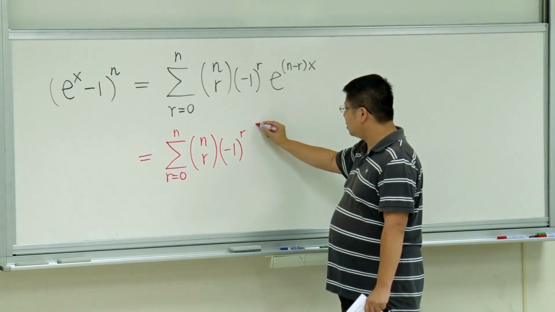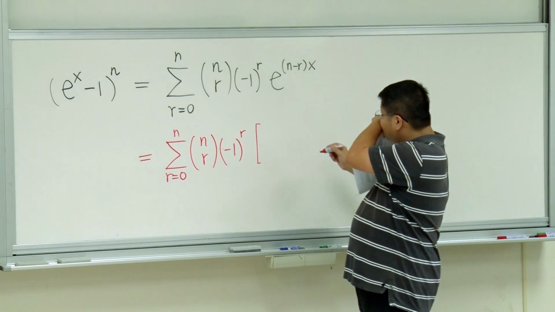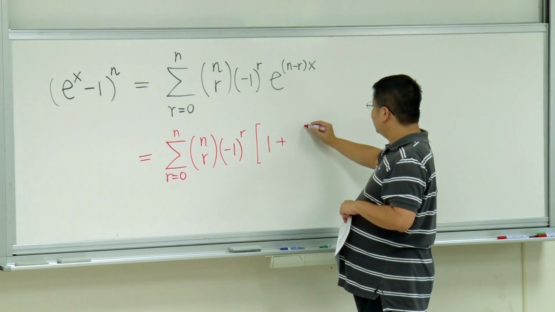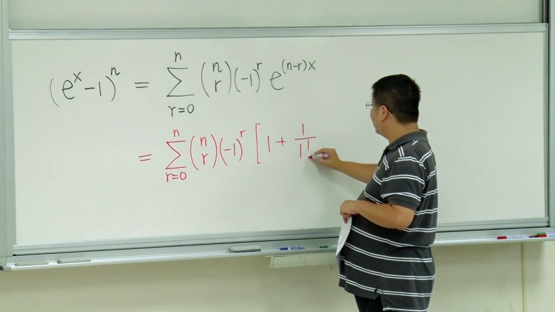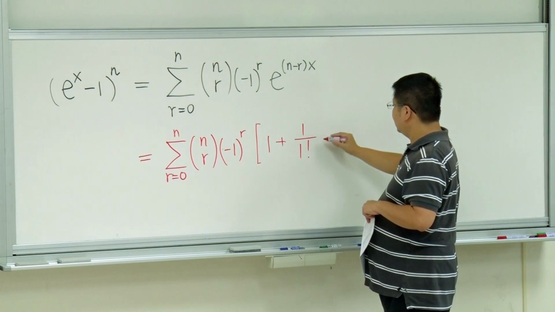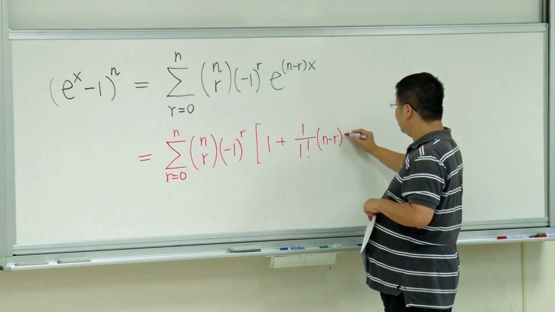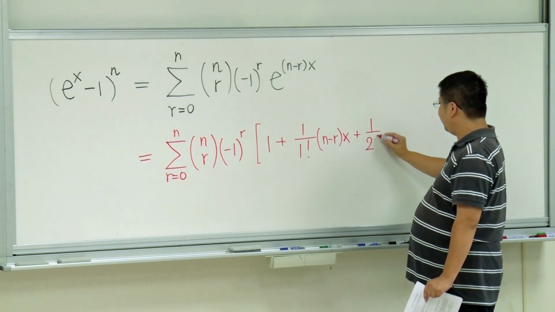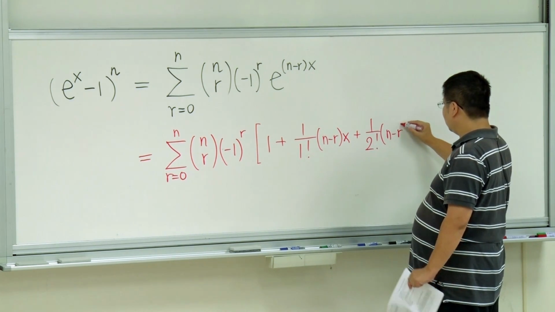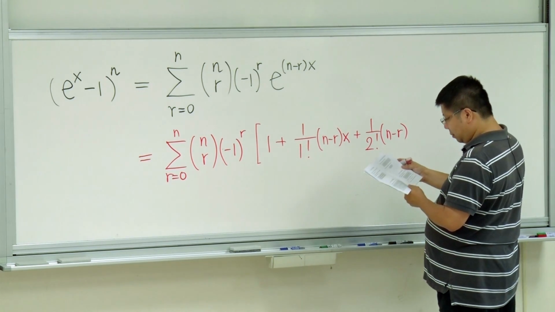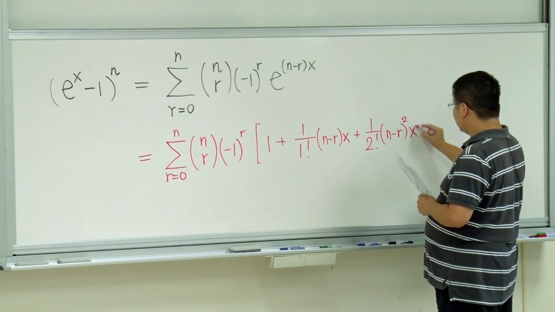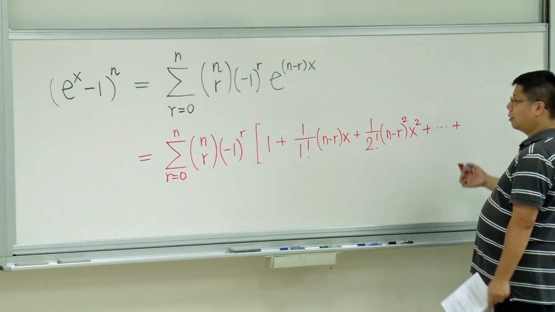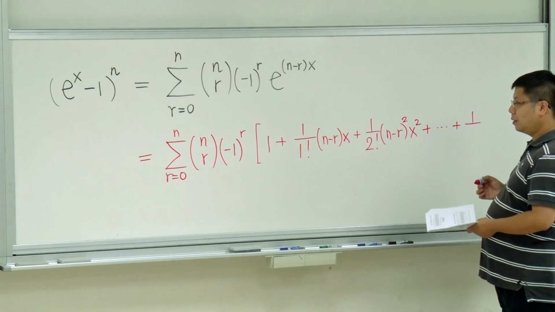This is equal to 1 plus 1 over 1 factorial (n minus r) x plus 1 over 2 factorial (n minus r) squared x squared plus, in general, 1 over.